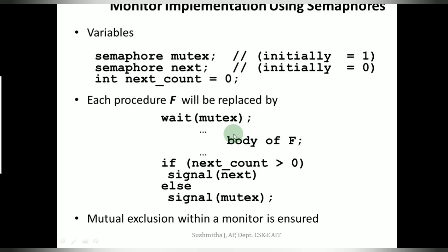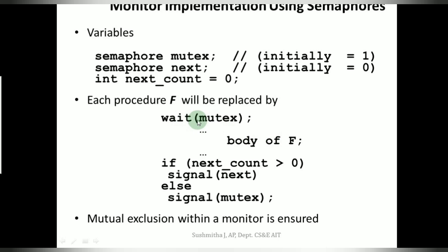So if I say this is the body of the procedure F, now previously when we saw the dining philosopher problem, we saw that there are procedures as a part of the monitor. If we say this procedure is part of the monitor, then we are ensuring mutual exclusion in the execution of this procedure.